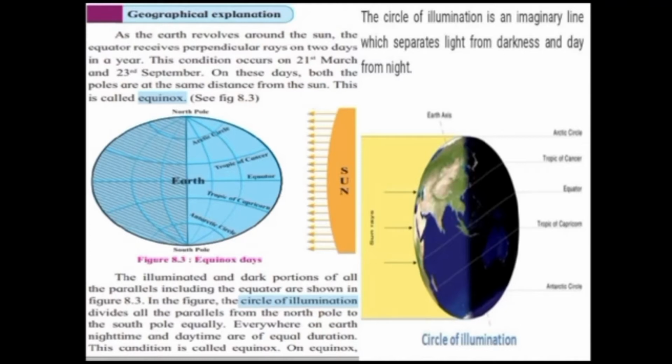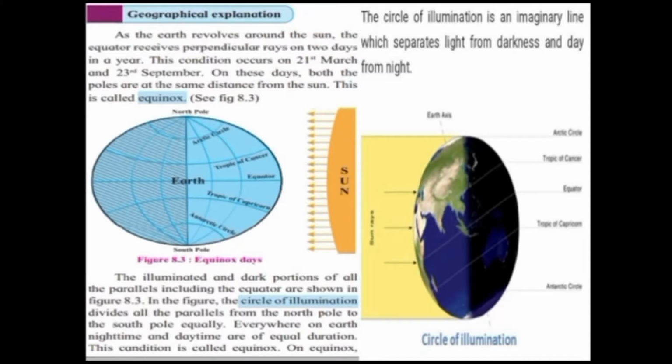In the figure, the circle of illumination divides all the parallels from the North Pole to the South Pole equally everywhere on earth. Nighttime and daytime are of equal duration. This condition is called equinox.